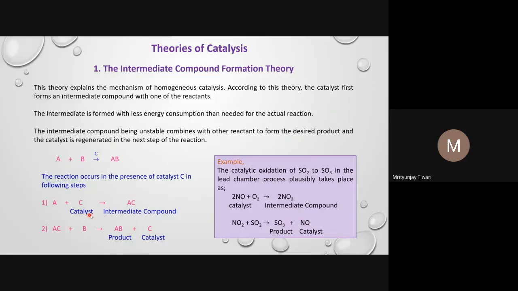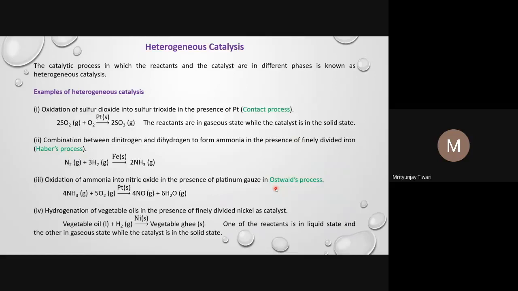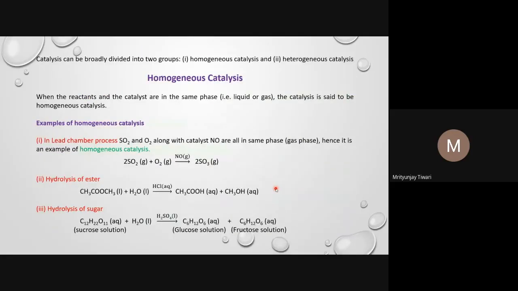We see this reaction is happening in two steps, and the real life example is the catalytic oxidation of sulfur dioxide to sulfur trioxide in the lead chamber process, which plausibly takes place like this. In the lead chamber process we use NO, nitric oxide, as the catalyst.